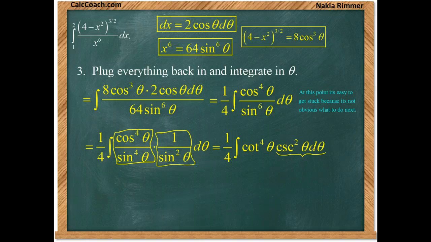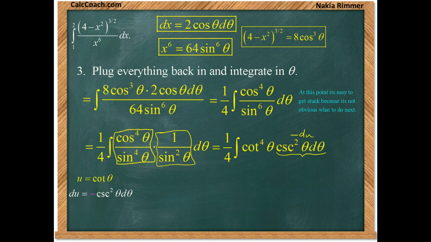And so we're set up to basically just do a u substitution and be done. So let u be cotangent of theta, then the derivative is negative cosecant squared of theta. So negative du is going to take the place of this cosecant squared theta.